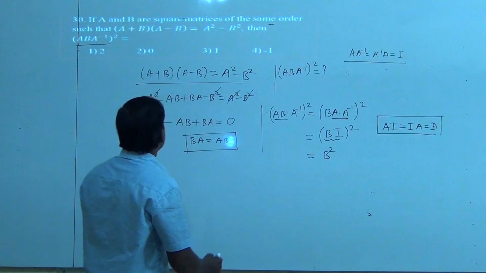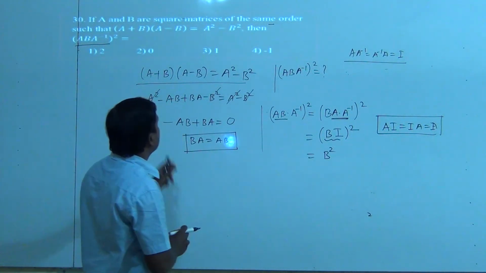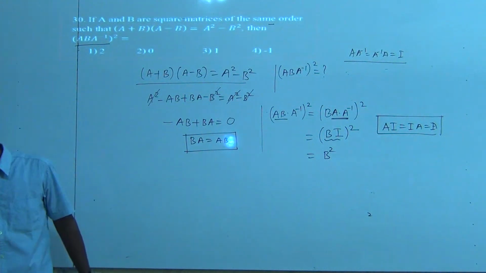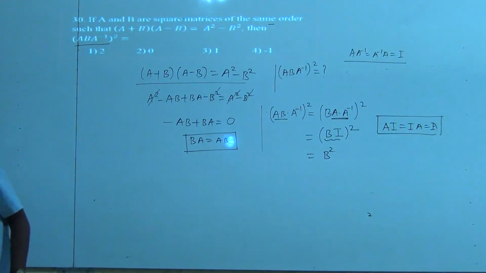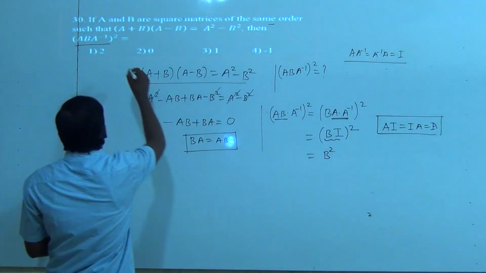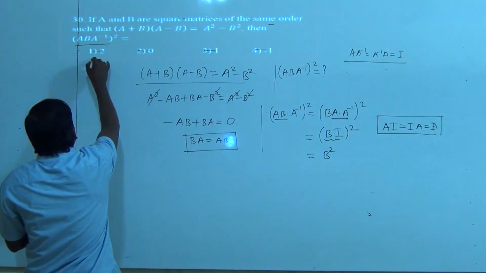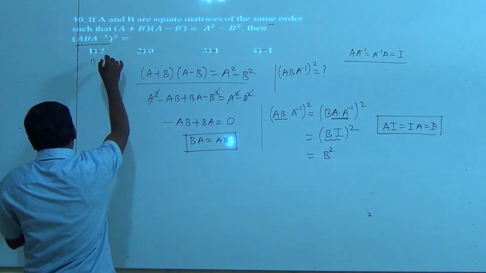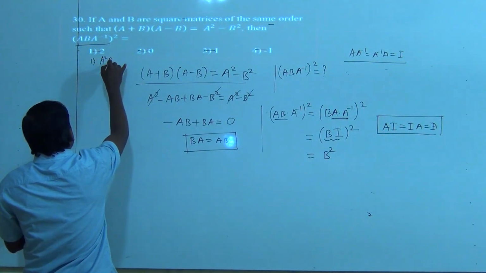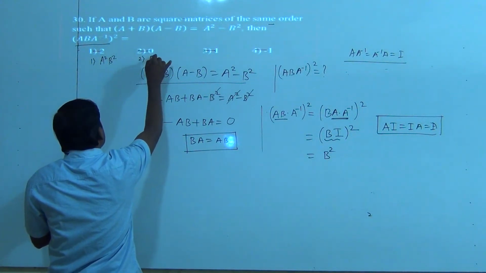Therefore which option is the right one? So here B square. So here they have given the wrong options. So here in your book, these options are not there. Okay, here the first option is what? A square B square is there, and second option, that is A square is there.